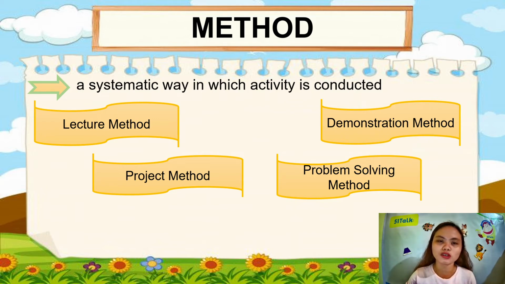Students are expected to observe, understand, analyze, and interpret data in order to find solutions and perform applications that lead to the holistic understanding of the concept. That is about the problem solving method, and it can be used in a student-centered approach or in a constructivist approach.